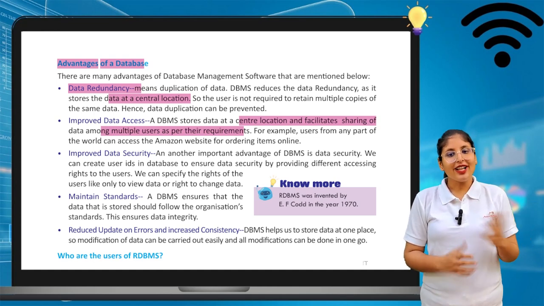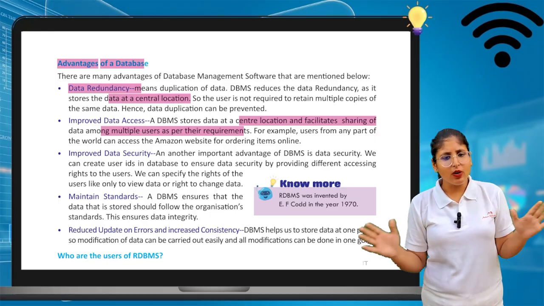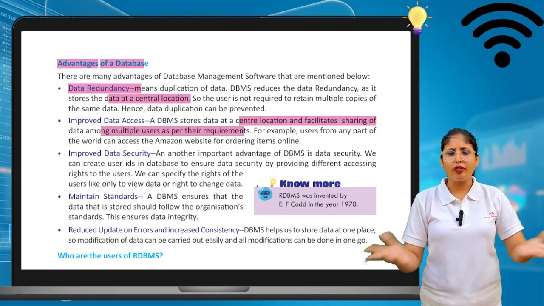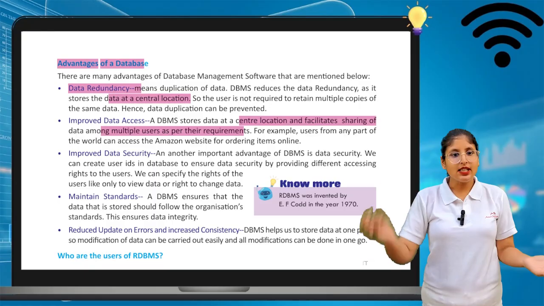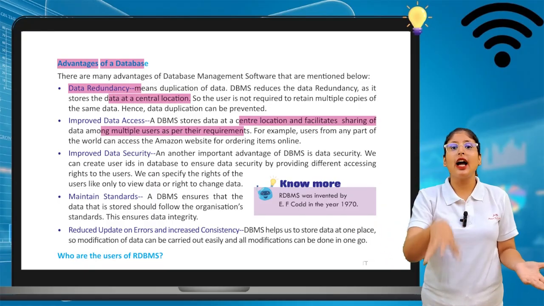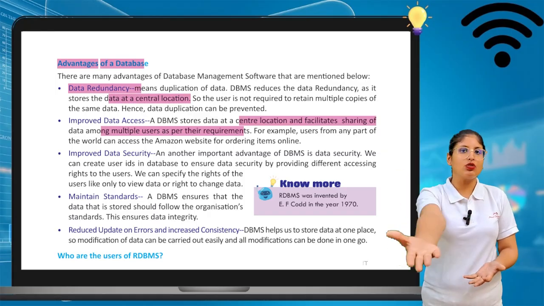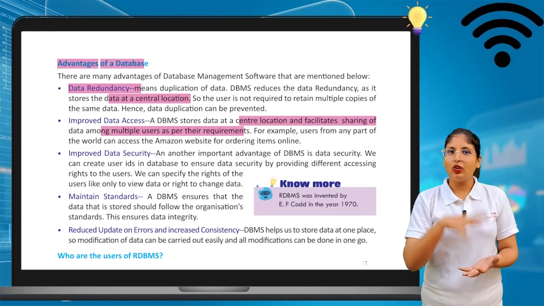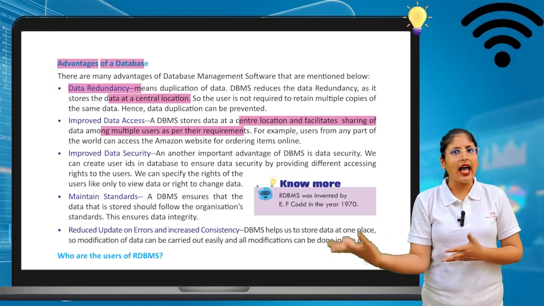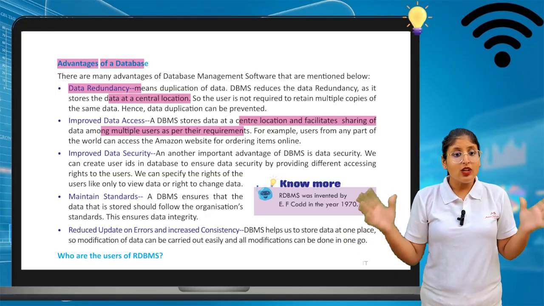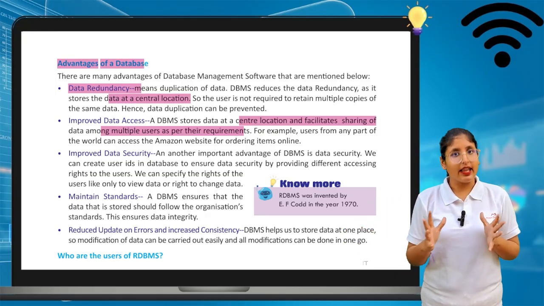For example, a user from any part of the world can access the Amazon website for ordering items online. This is known as improved access because of the database. The same database is followed in the US, in India, in Canada, in Ireland, anywhere else in the world. So this is improved database access.